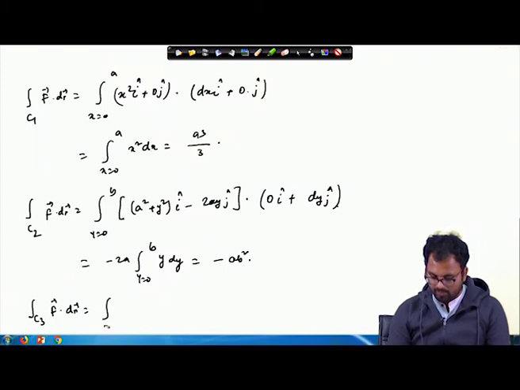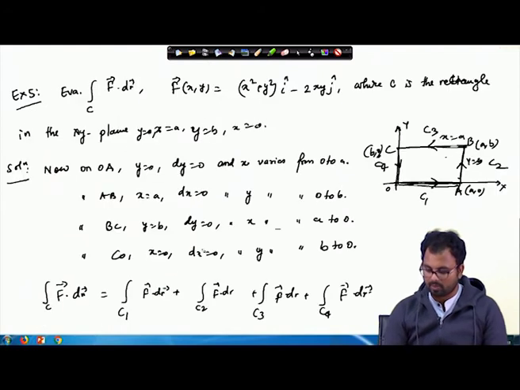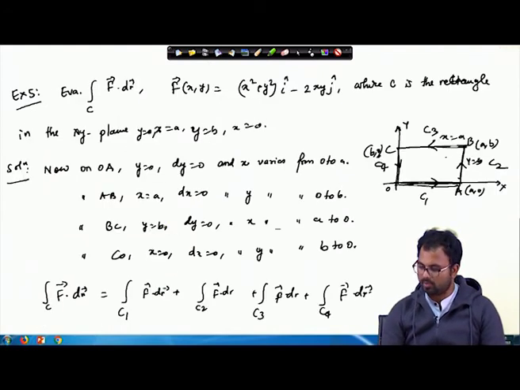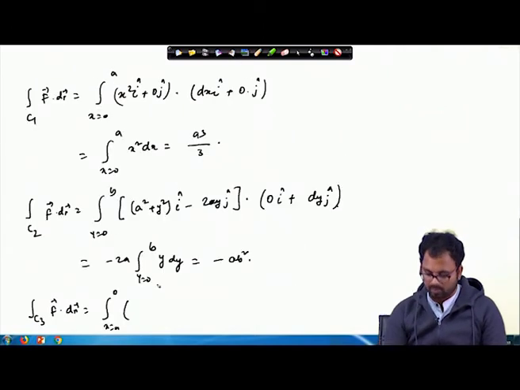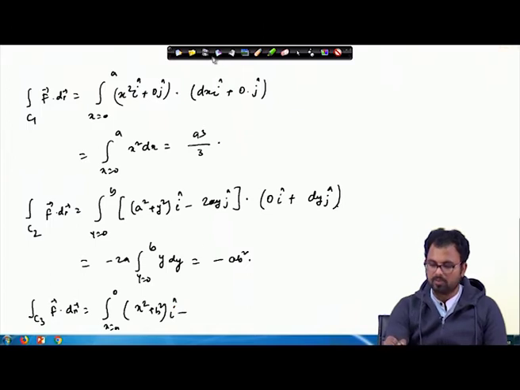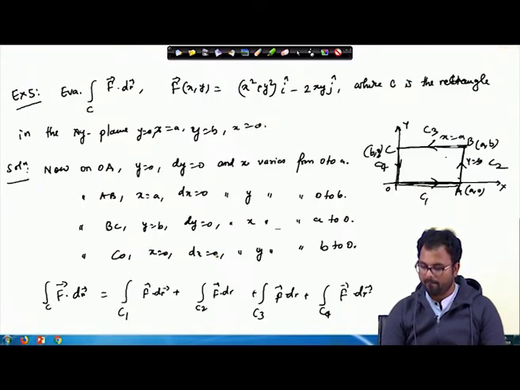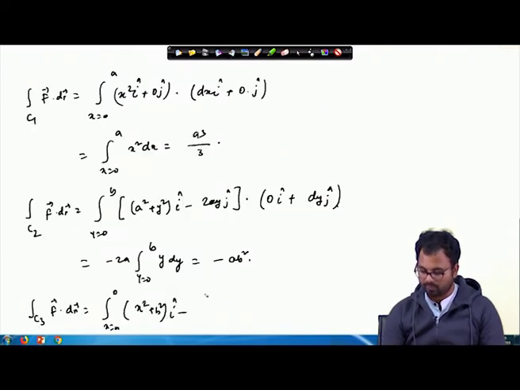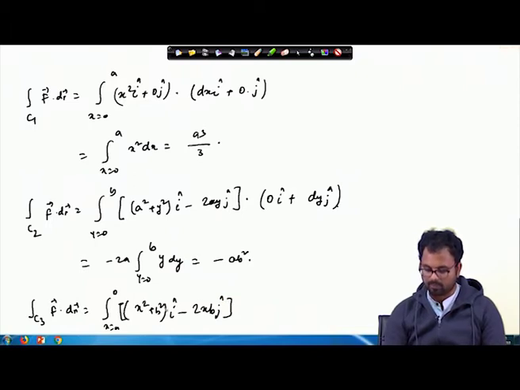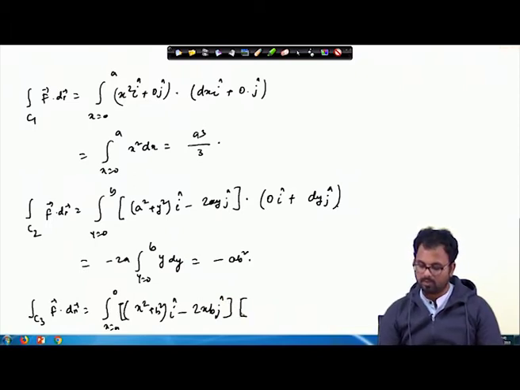So, we have x running from a to 0, and y is b. So this one will be x square plus b square times i minus 2xb j, and then this will be dx i plus dy j.